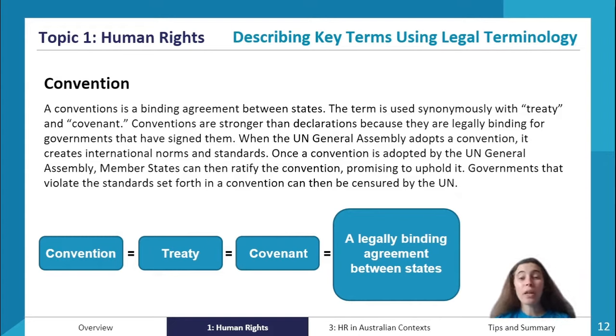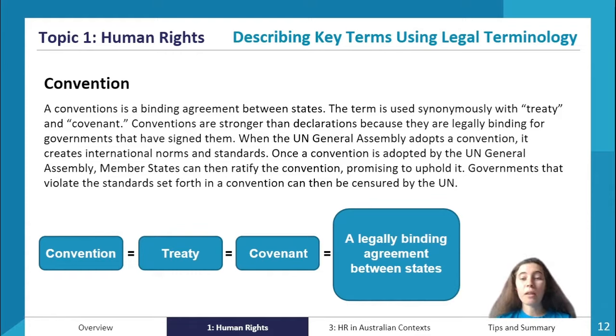So when the UN General Assembly adopts a convention, it creates international norms and standards. And once that convention is adopted by the General Assembly, member states can ratify the convention, which means that they're promising to uphold it. We'll have a more detailed look at ratification shortly.